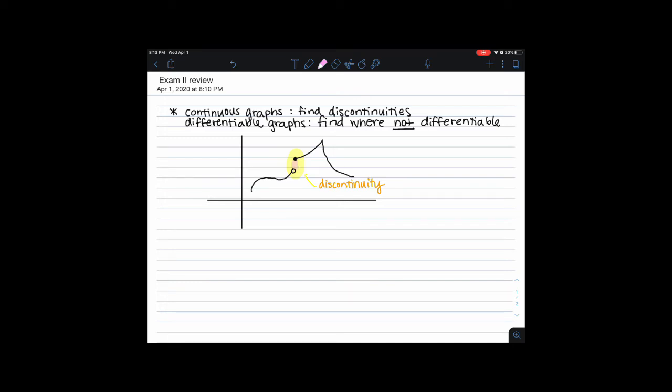a discontinuity means something isn't differentiable, and also wherever we have an abrupt change, so like a point in our slope. So here we go instantaneously from a positive slope to a negative slope, and it doesn't go to like a zero slope. This point here is not differentiable.